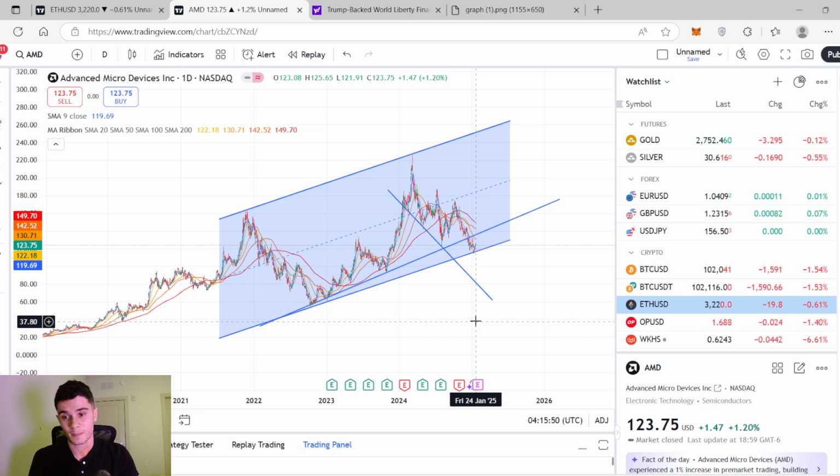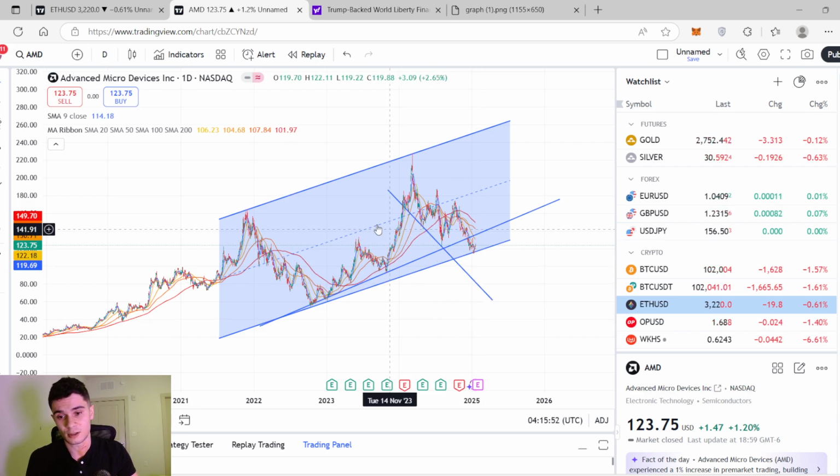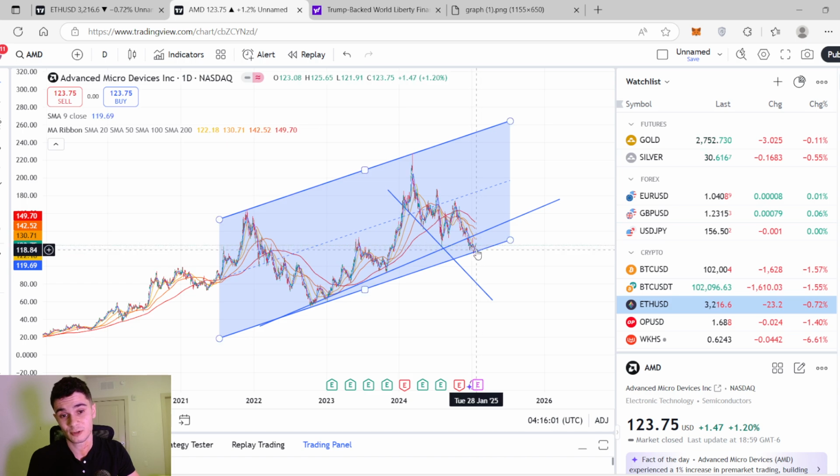Also, I saw an article on Motley Fool where they released a double down alert on AMD stock. They said it's an opportunity of a decade to buy an AI stock at a crazy low valuation.